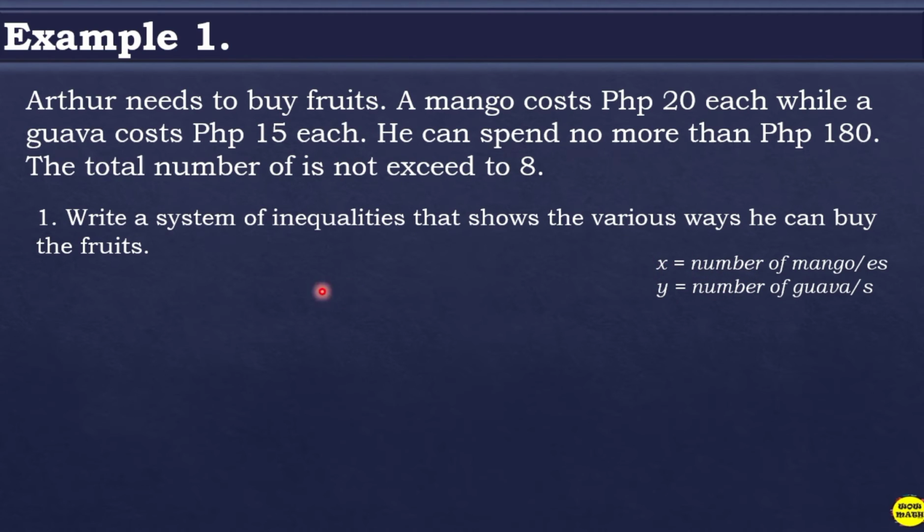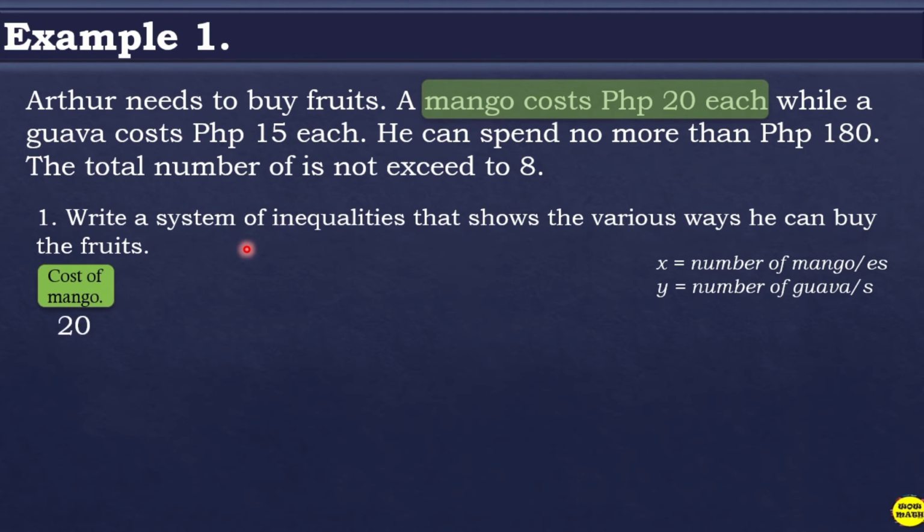Now, since we are asked to write the system of inequalities, highlight natin ano-ano ba yung mga given natin. Ang mango, 20 pesos each. So, this is the cost of the mango. 20, ita-times natin siya sa bilang kung ilan yung mangga. Ano ba yung representation natin ng mangga?